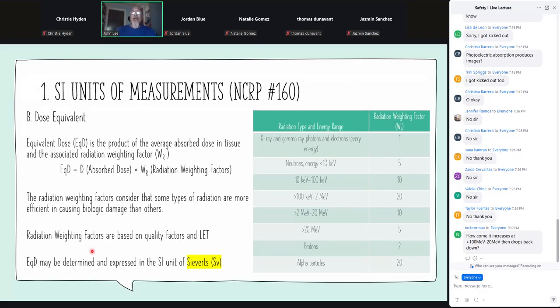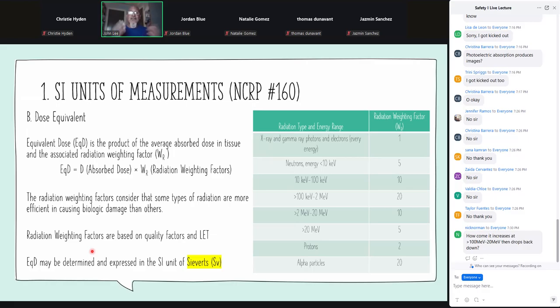Using the radiation weighting factor, we take the 5 in X-ray, multiply it by the weighting factor of 1, and we get 5 sieverts. If we do the same with the alpha particle, 5 on the absorbed dose times 20, now we've got 100 sieverts. So again, the alpha particle has a higher linear energy transfer. It will cause more biologic damage.